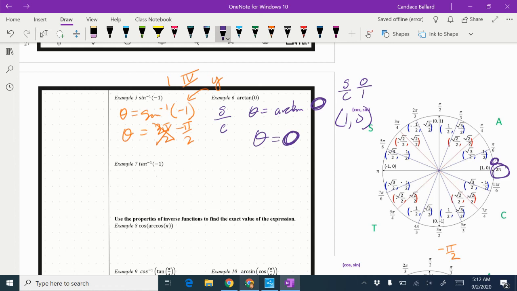The next one is looking for where tangent inverse is -1. So again, I need the sine divided by the cosine to equal -1. So my sine value would have to be the same as my cosine value, but with opposite signs. So let's look for coordinates where we have the same number. Okay, so I'm going to look through all my coordinates. Don't have the same number.